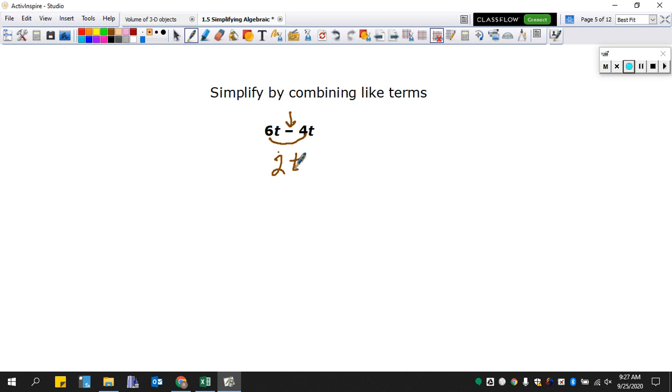It's that easy. All you do is, if the terms are like terms, you either add or subtract the coefficients, whatever the operation is.